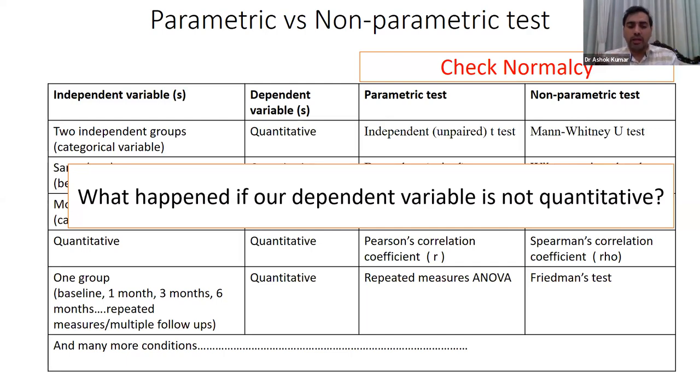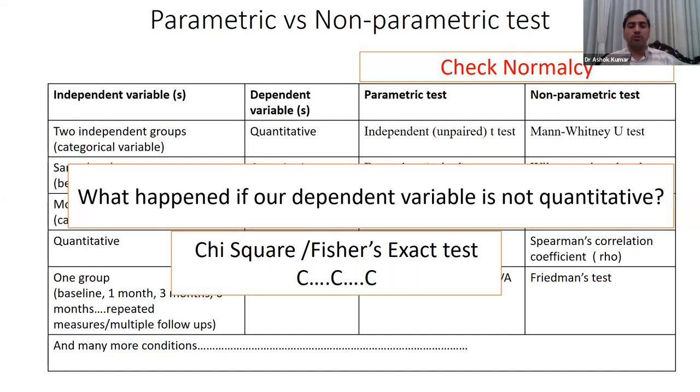Which test do we apply? This is chi-square or Fisher exact test. That is CCC. The first C means independent variable is categorical, the second C means dependent variable is categorical or qualitative. The third C, use chi-square. C means chi-square.